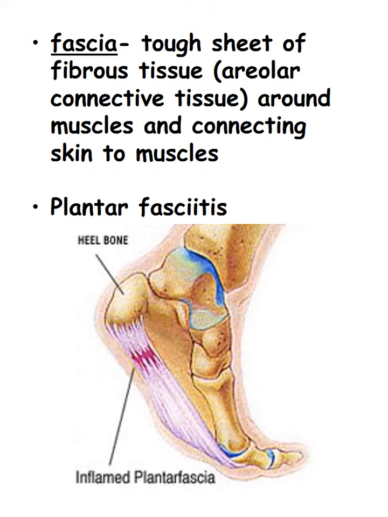The deep fascia separates individual muscles, and it helps to bind muscles together as well. And the superficial fascia helps to separate the skin from the muscles and helps to connect them as well.